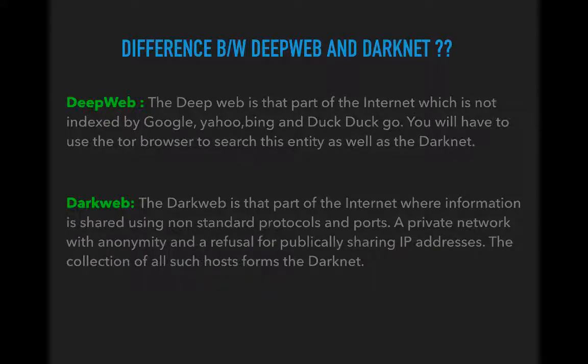So what is the difference between the deep web and the dark web? The deep web is the part of the internet which is not indexed by Google, Yahoo, Bing, DuckDuckGo, or any search engine. You will have to use the Tor browser to see this, as well as the Darknet.